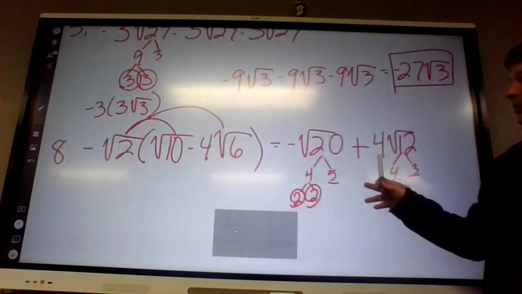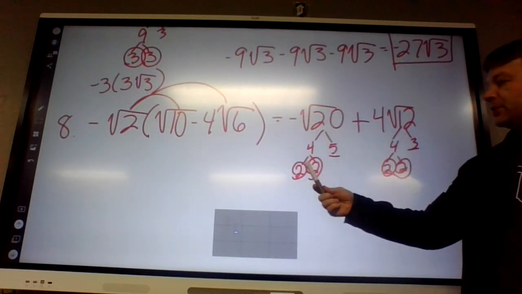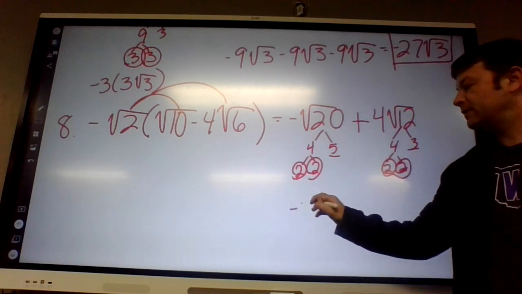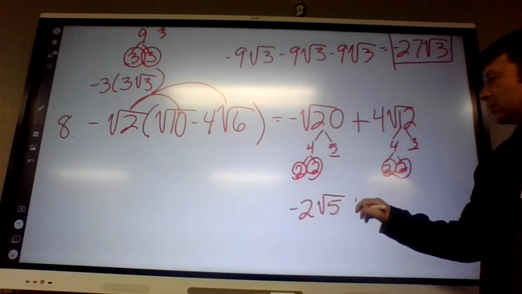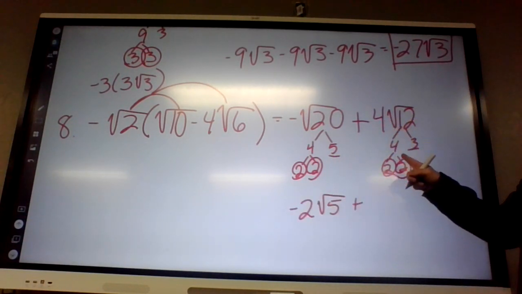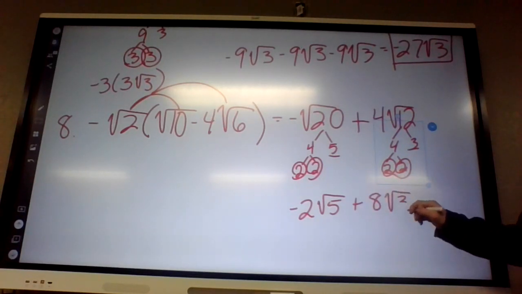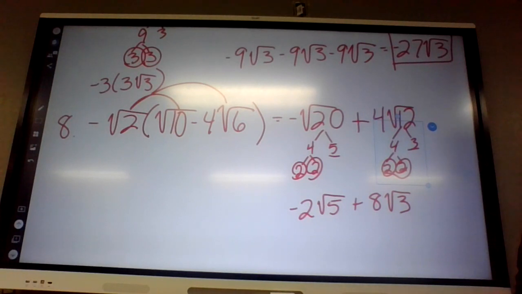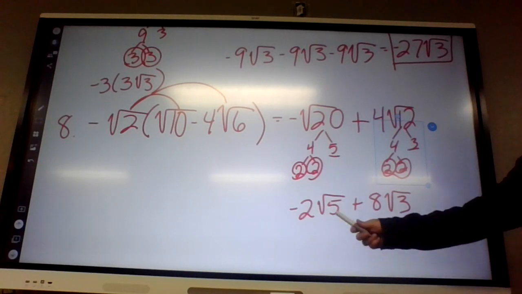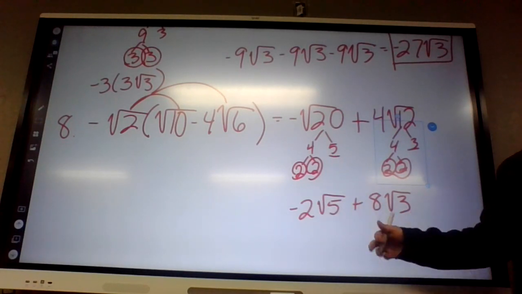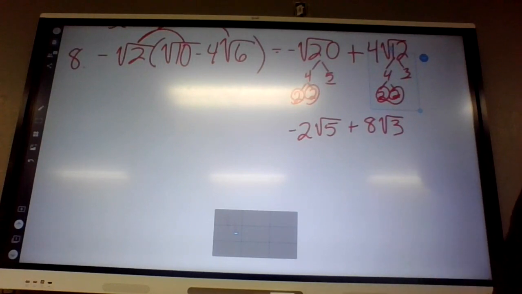Okay, so what's the first term going to become? Negative 2 square root of 5 plus 4 times 2, 8 square root of 3. Yep. Do these add together? No. They're not like terms.